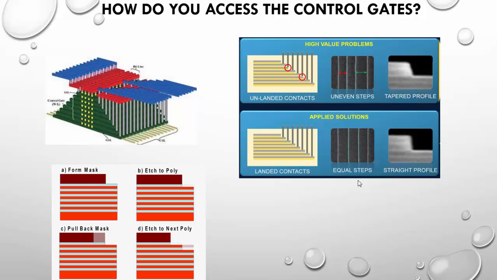In the BiCS case, stair step etching must stop when it reaches the polysilicon word line plane. For TCAT, etching would stop once it reaches a tantalum nitride plane. So either way, the process can be stopped at each layer very precisely.